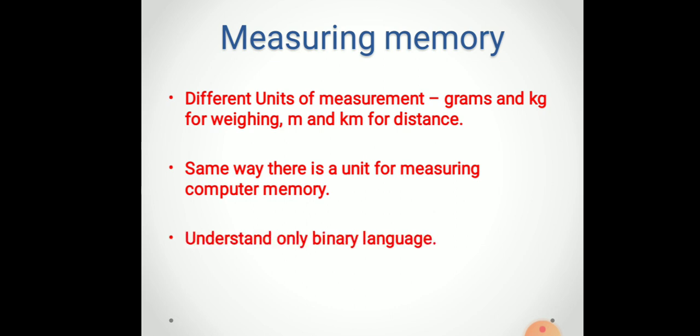A computer can understand only the binary language. What do you mean by binary language? This computer is an electronic machine, so it can understand only two things, that is on or off. The on is represented by the number 1 and the off state is represented by the number 0.